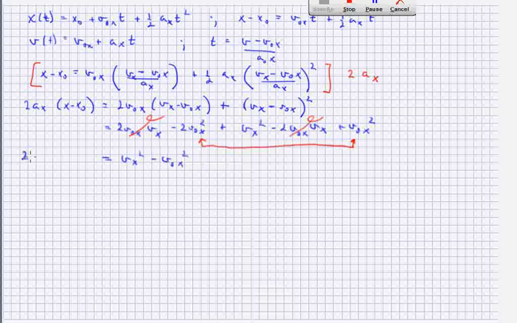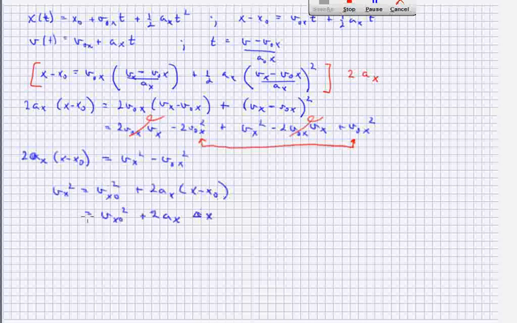And so here's what I have so far. The last step is simply to add v naught x squared to both sides. And I'm going to rewrite the equation as v x squared is equal to v naught x squared plus 2 a sub x times x minus x naught, which can also be written as v naught x squared plus 2 a sub x times delta x.